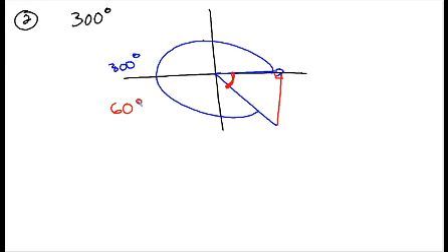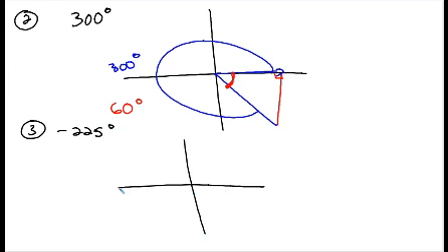All right, if I had a negative angle, like negative 225 degrees, that angle would start here and rotate around to here. There's negative 225.